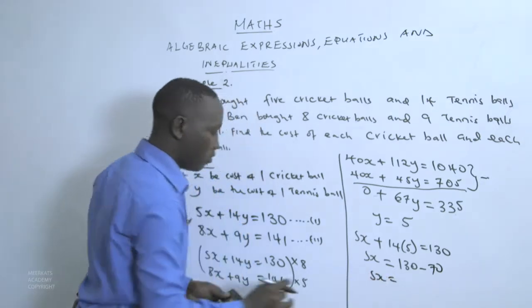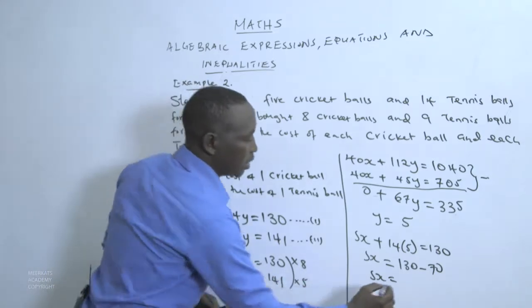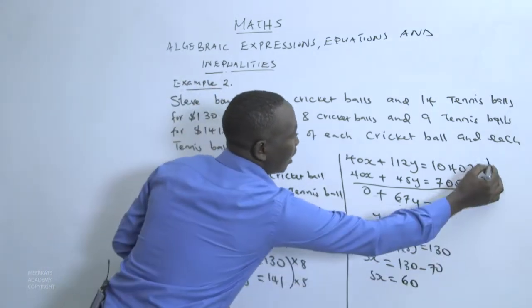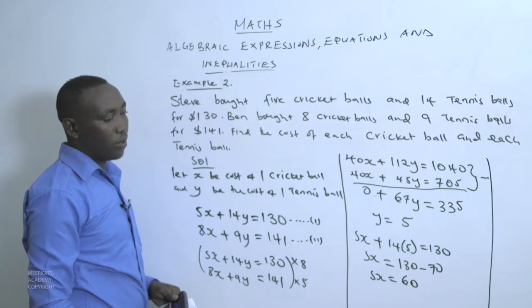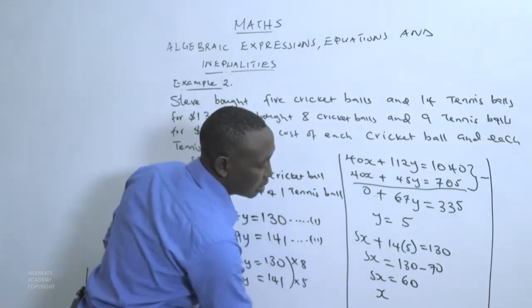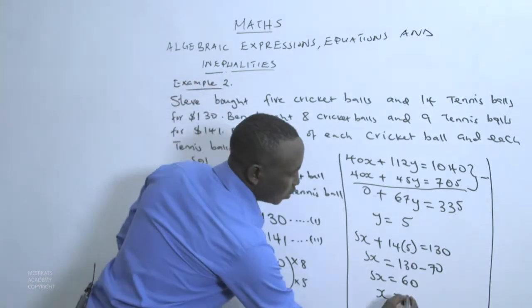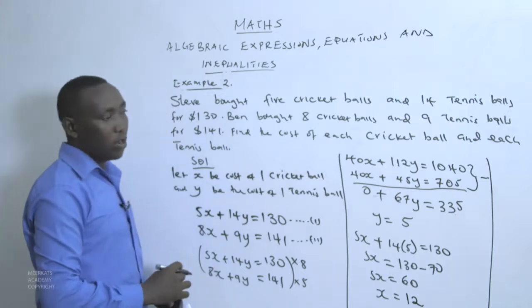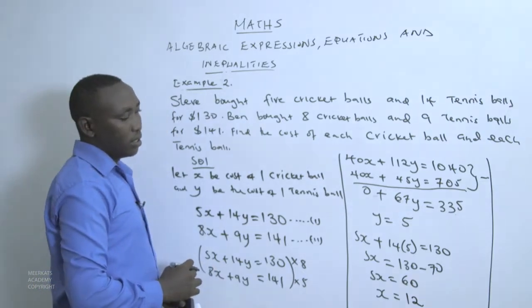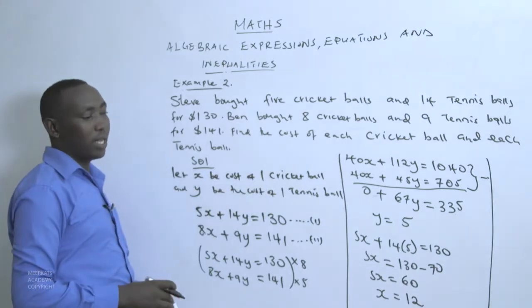Therefore, 5x will be equal to 60. To get the value of x, we divide both sides by 5, and this gives us x is equal to $12. So the cost of one cricket ball is $12.